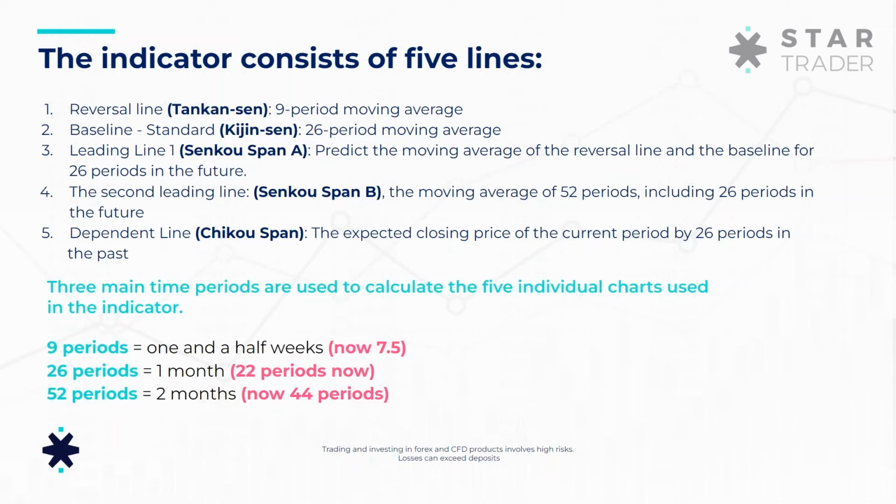The next leading line in the cloud is Senkou Span B, the moving average of 52 periods, including 26 periods in the future.